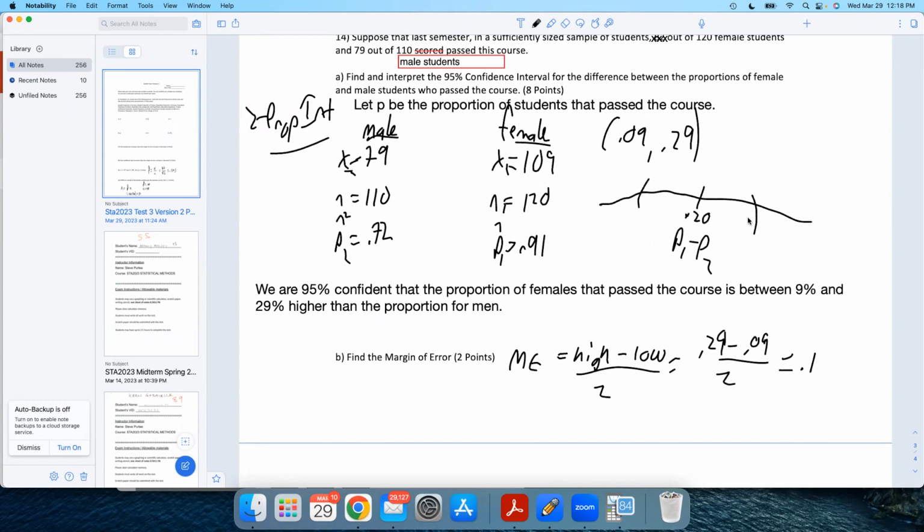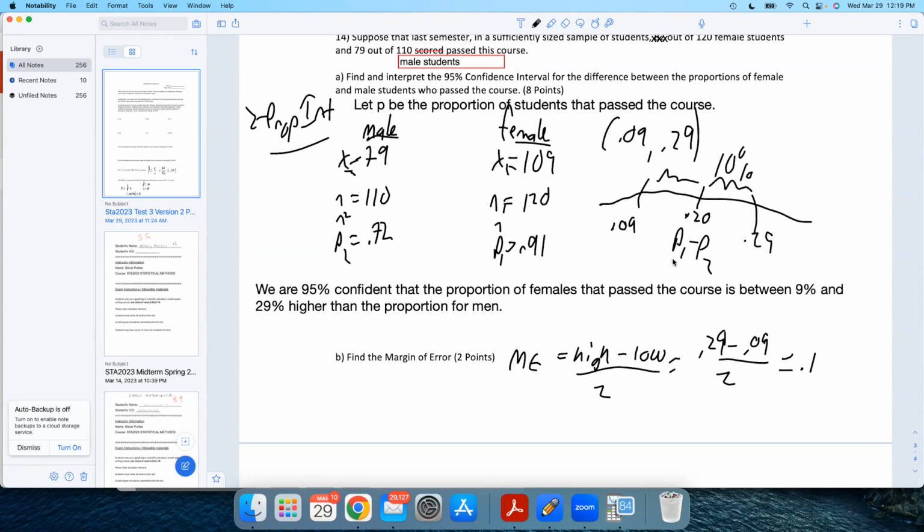How much do I have to go up? About 10% up to 29 and about 10% down to 0.09. That's the margin of error right there. That's like about 10%. So the sample says these were 20 higher than this, 0.2 higher, but then I got to leave some wiggle room around that.